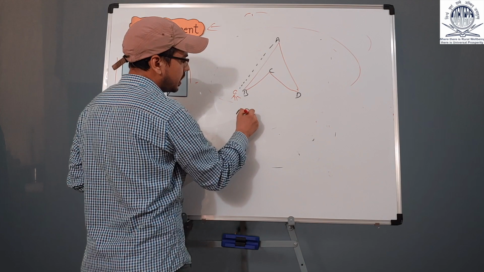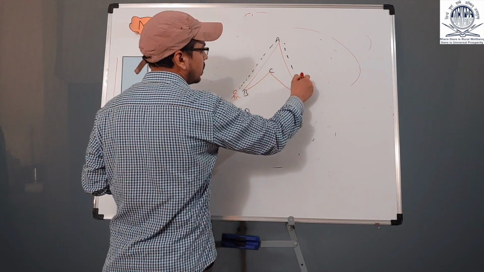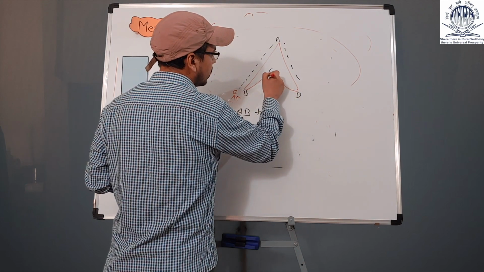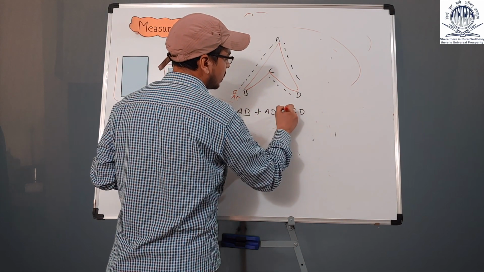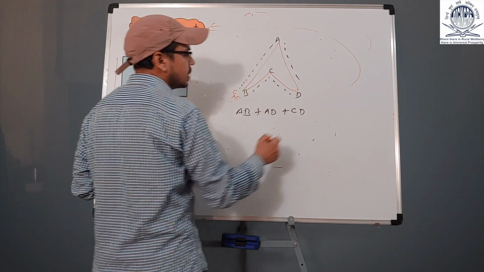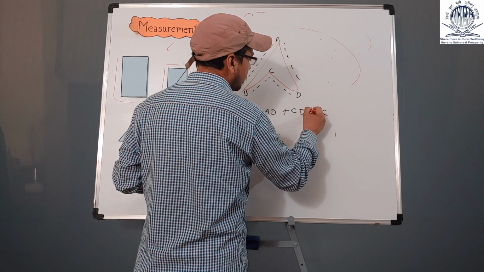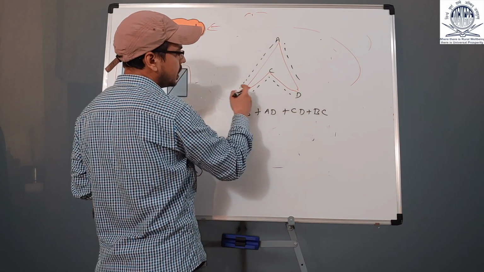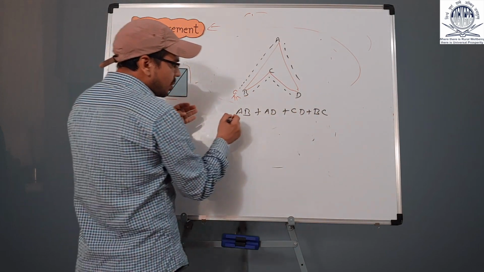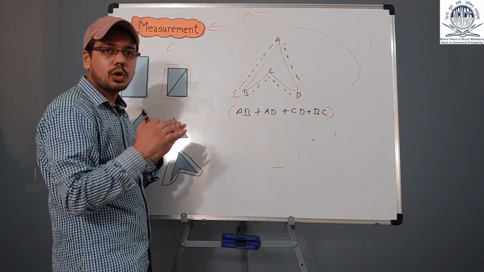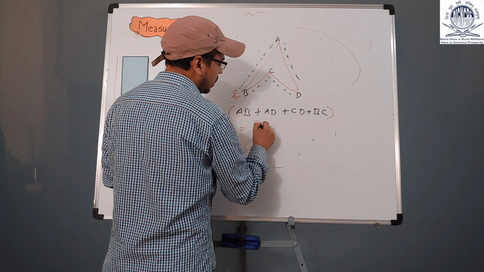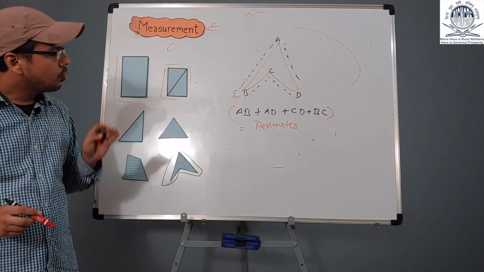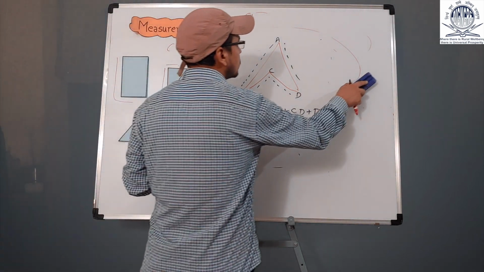A, B, I'm traveling, and let's say I'm traveling over here, so this is A and D, and let's say I'm traveling over here, so this is C, D, and let's say I'm traveling over here, this is B, C. So let's confirm: A, B, A, D and D, C or C, D and B, C. Now when I get the sum of all these sides, essentially what I'm looking for is something called perimeter.